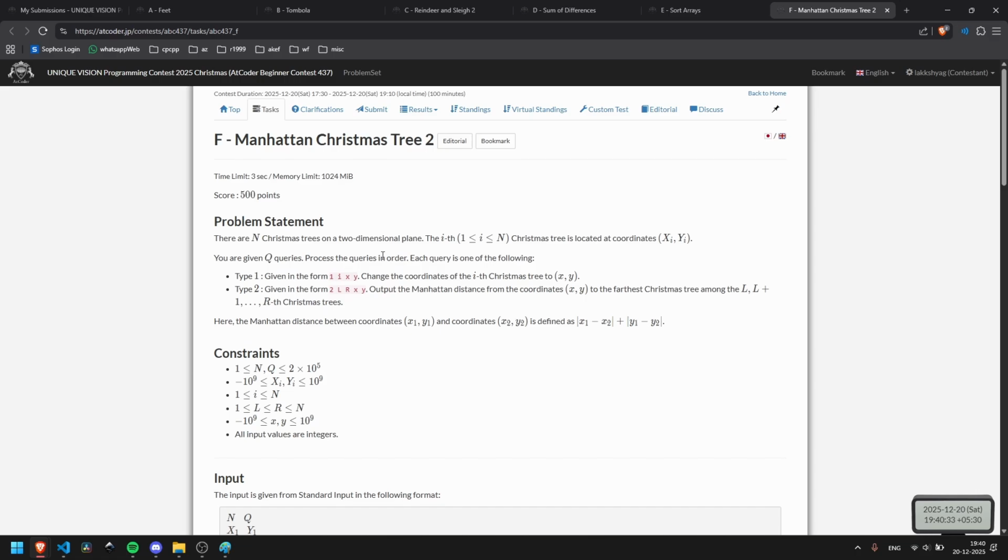F was interesting. If I had to simplify the problem, you are given a set of coordinates on an XY plane, and then you are given two types of query.